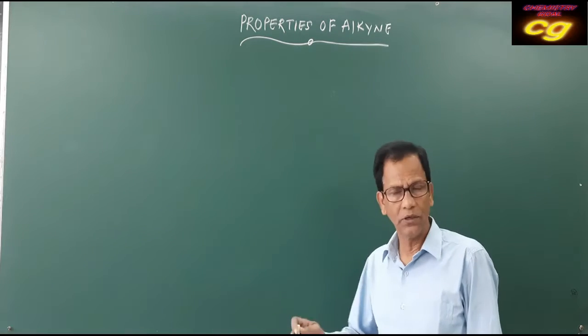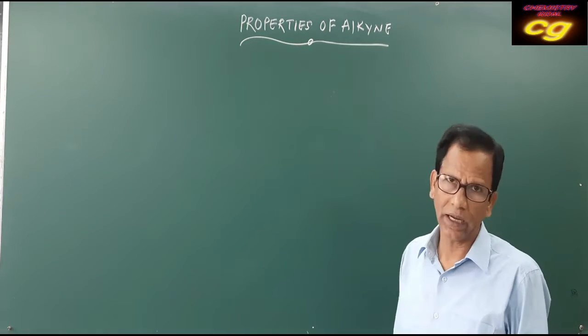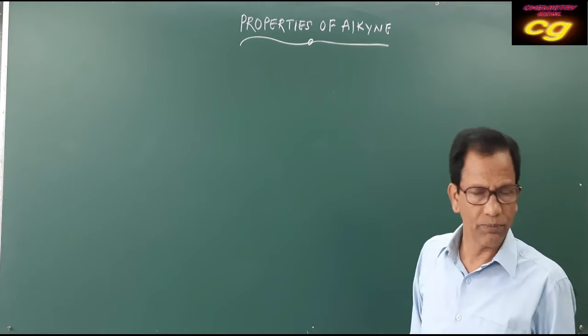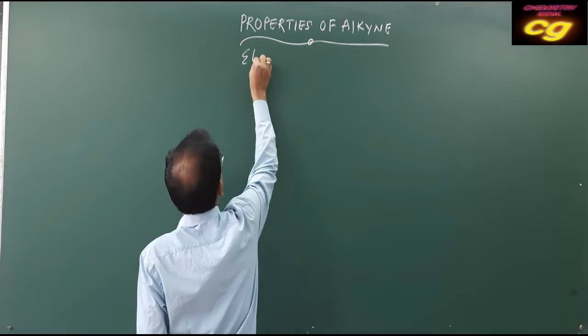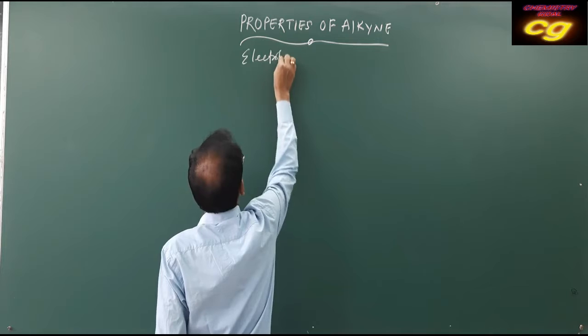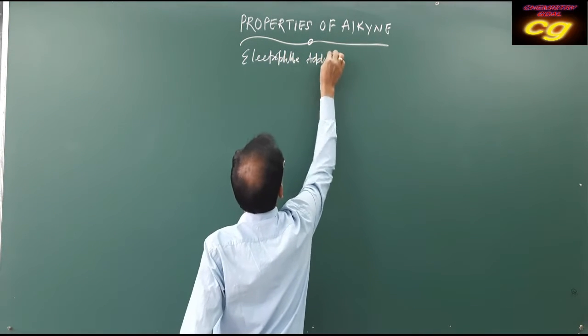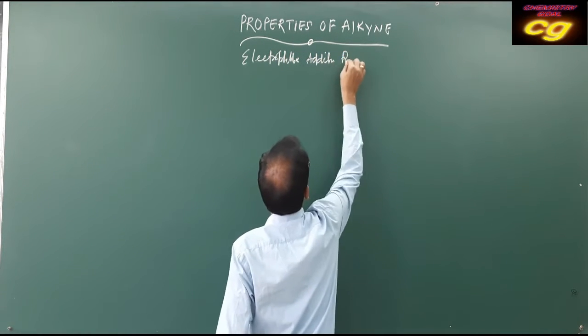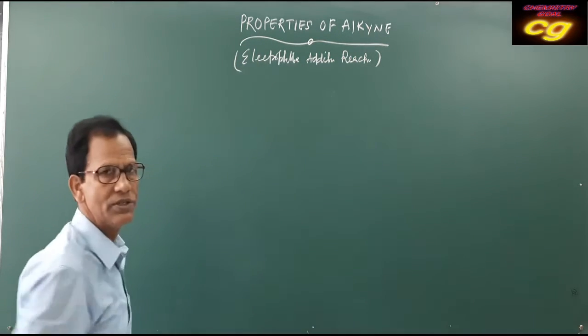That's why the number of addition reactions is more in alkyne, and it also shows the same common property, that is electrophilic addition reaction, like alkene, because it has pi bonds.